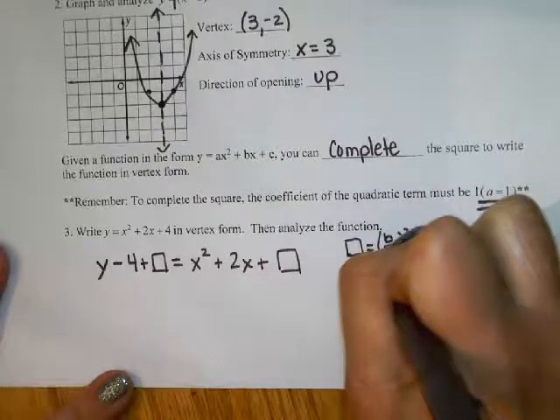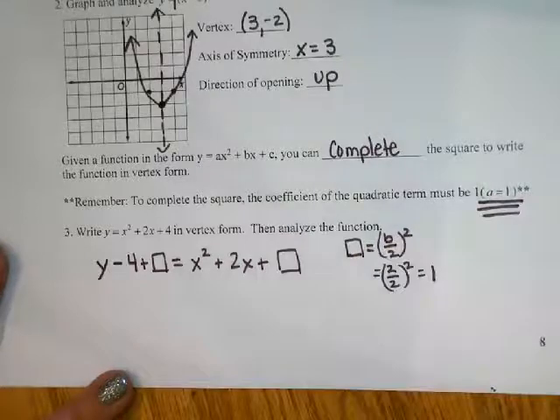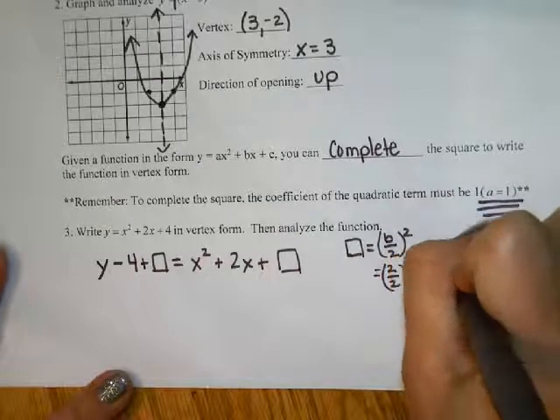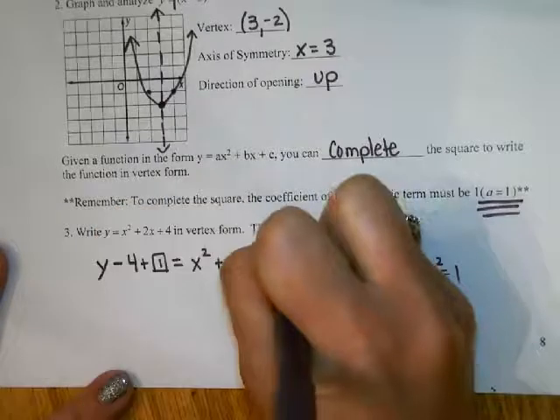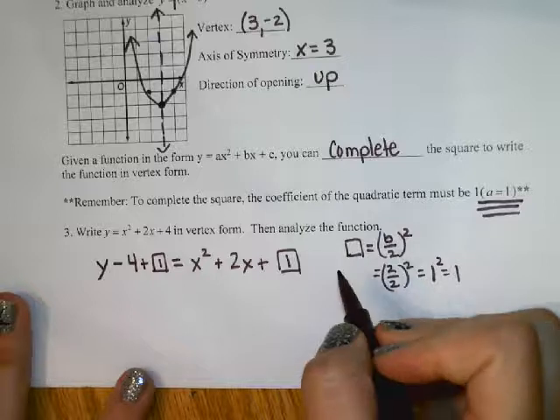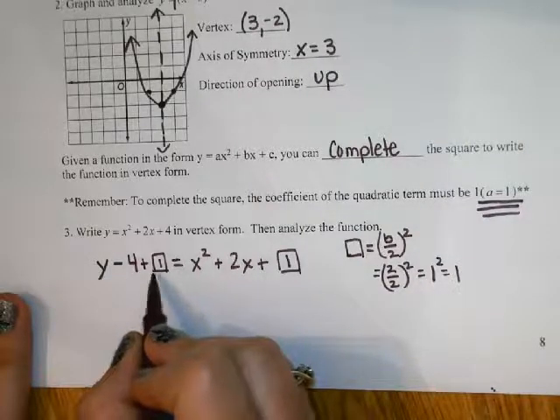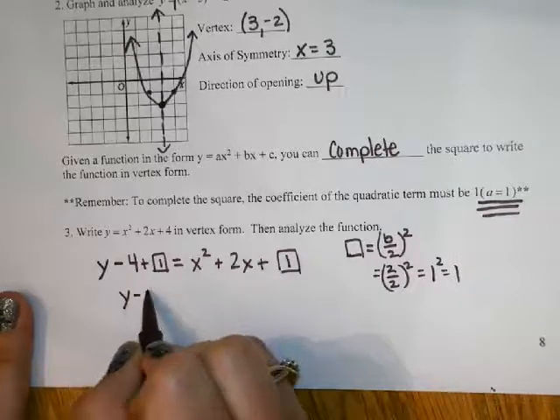So 2 divided by 2 and then square it is 1 squared, which is 1. So I'm going to put a 1 in each one of my boxes. Okay, so now I have y minus 4 plus 1. Combine those guys so I have y minus 3.